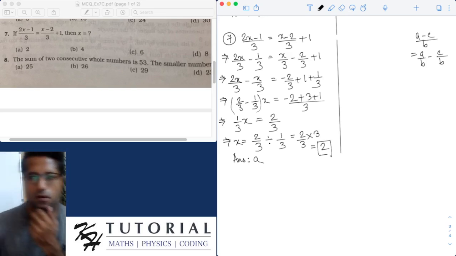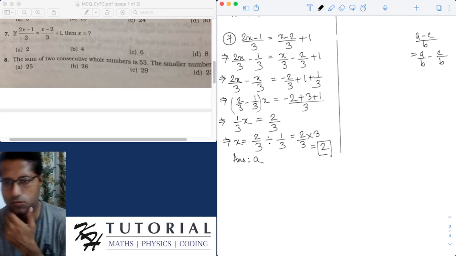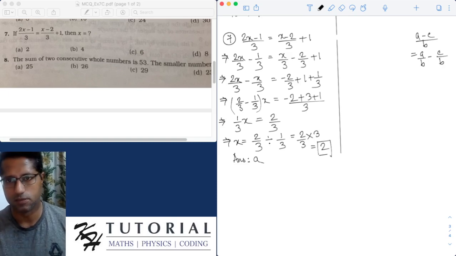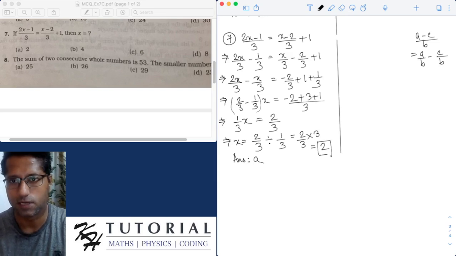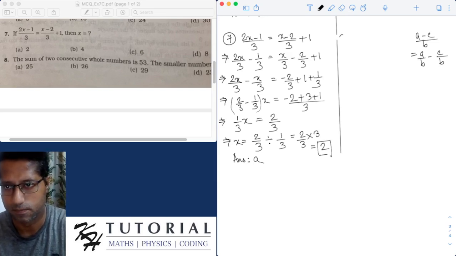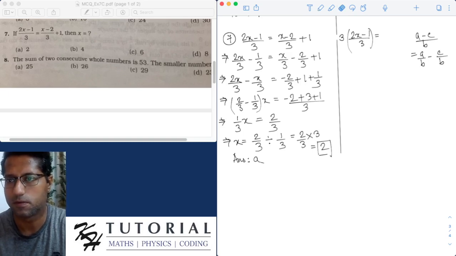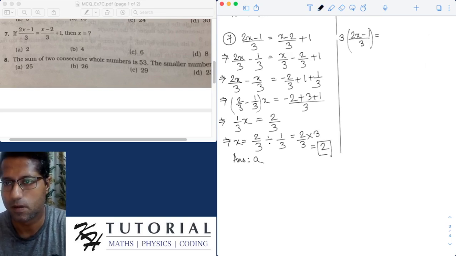Now if we solve this, since we see two terms have fractional parts in the form of rational numbers, and both their denominators are 3, we will multiply both sides with 3, LHS and RHS. So that becomes 3 into LHS, that is 2x minus 1 by 3, equals 3 into this entire RHS, that is x minus 2 divided by 3 plus 1.